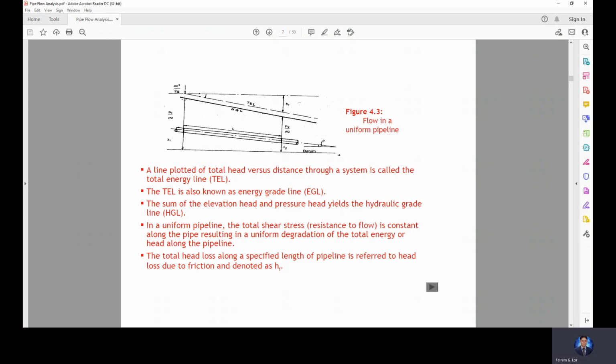And then since this fluid is moving, we have kinetic energy, in the form of V squared over 2g, or we shall say kinetic head. That's the kinetic energy per unit weight of the liquid.